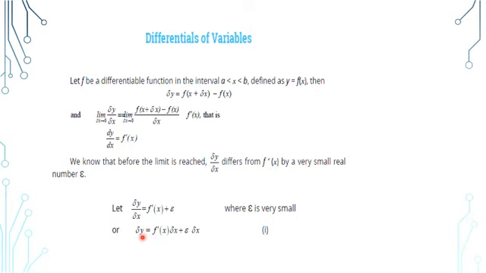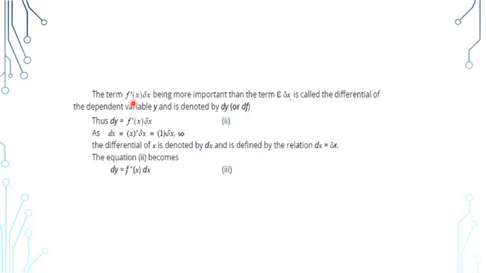So multiplying by del x on both sides, we have del y is equal to f dash of x del x plus epsilon del x. The term f dash of x del x is more important than the term epsilon del x. Why? Because epsilon is so small and del x is also small.